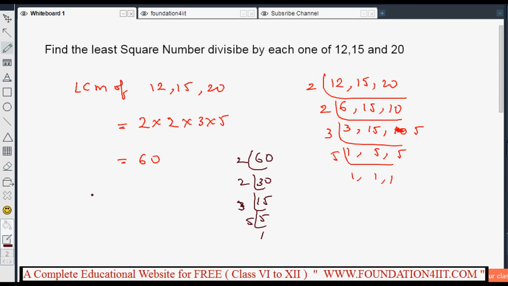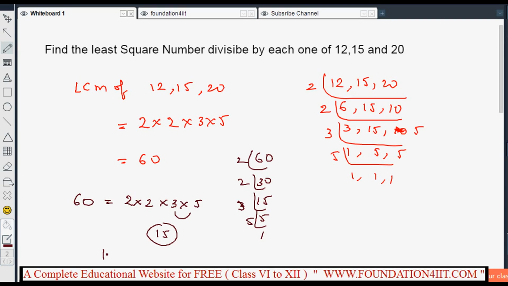So finally 60 I can write as 2 into 2 into 3 into 5. To make it a perfect square it must be multiplied by 3 into 5. So 3 into 5 is 15. So an extra 15 you need to multiply for this.